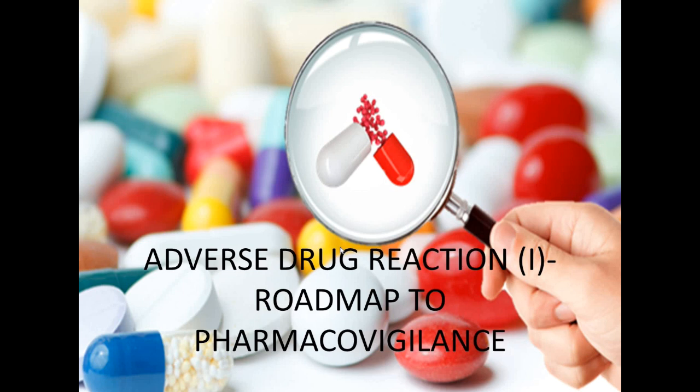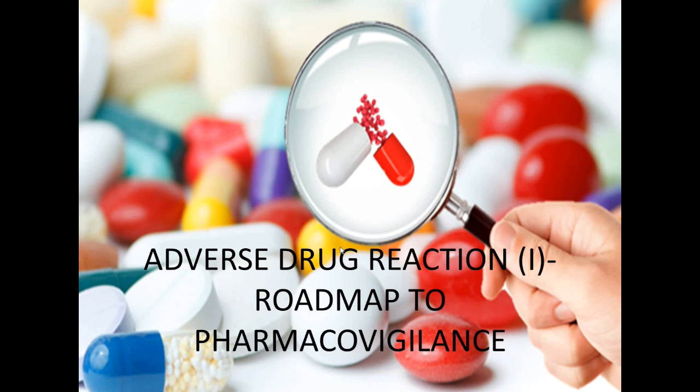So now moving on to this topic of discussion. Adverse drug reaction is a roadmap to pharmacovigilance, because we all know what pharmacovigilance is basically. Pharmacovigilance is a science which deals with detection, assessment, collection, reporting and prevention of adverse drug reactions or adverse drug events.